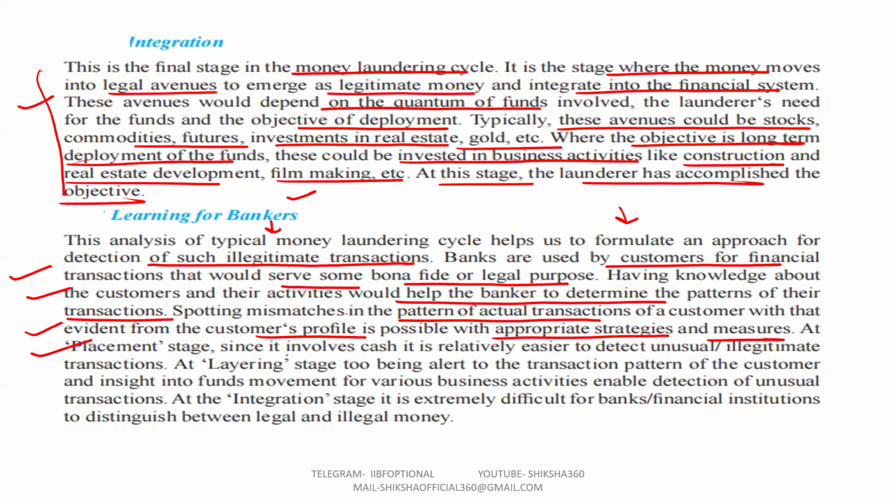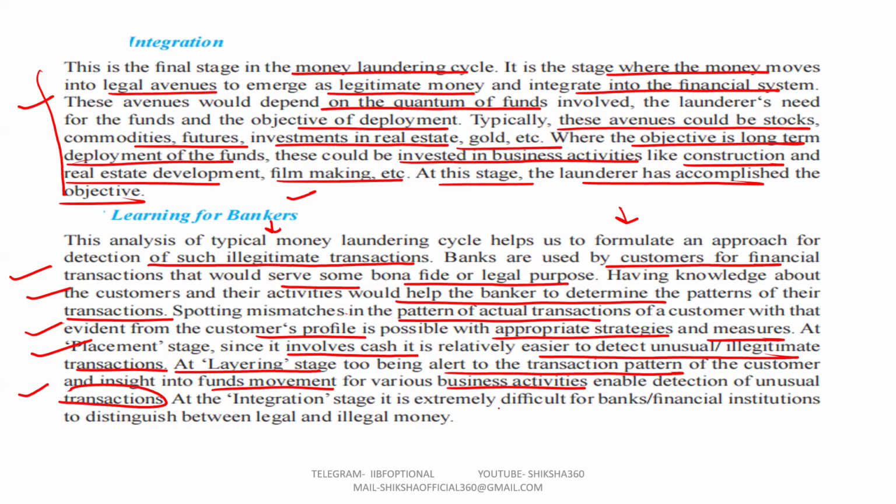At the placement stage, since it involves cash, it is relatively easier to detect unusual or illegitimate transactions. At the layering stage, being alert to the transaction pattern of the customer and insight into the funds movement for various business activities enable detection of the unusual transactions.